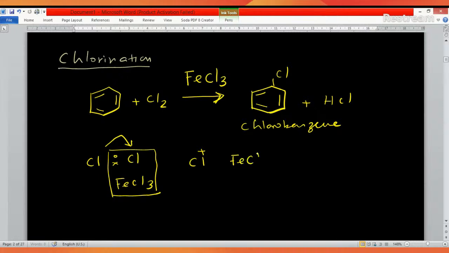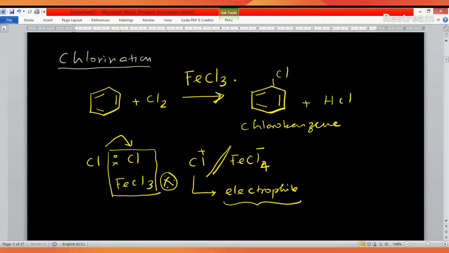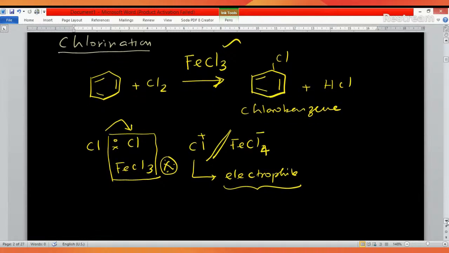And when you attach the Cl minus to FeCl3, it becomes FeCl4 minus. So we know that Cl plus can behave like an electrophile. For the generation of the electrophile, it is very important to have this substance, namely ferric chloride, that behaves like a halogen carrier.